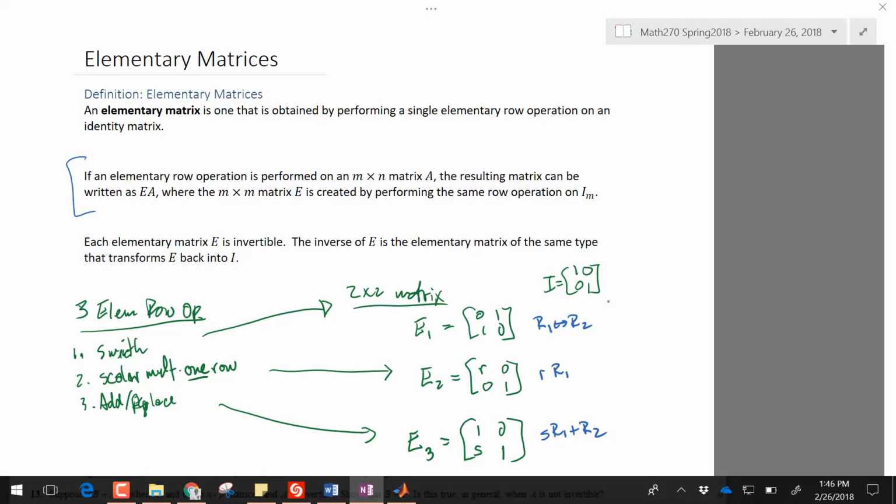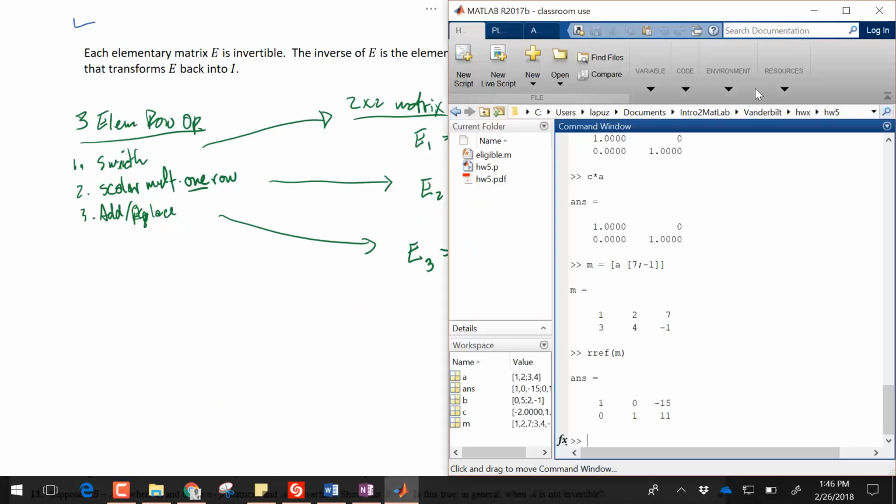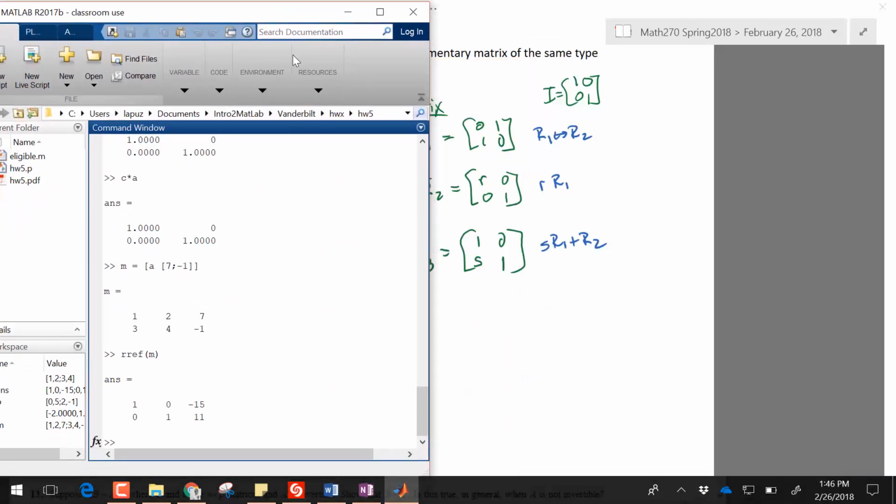So let's come up with some numbers there. Let's take a look at what they're saying. Let me define these matrices first. E1 is equal to 0, 1, 1, 0. E2 is equal to, let's pick a number for R, 2, 0, 0, 1.